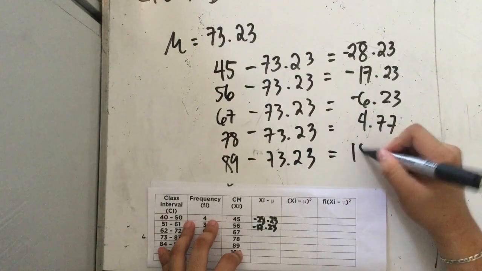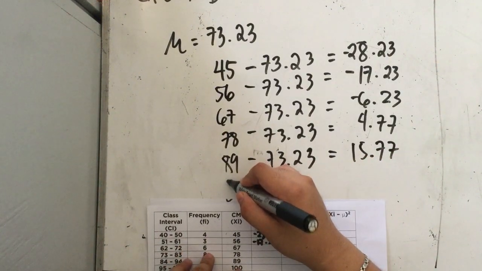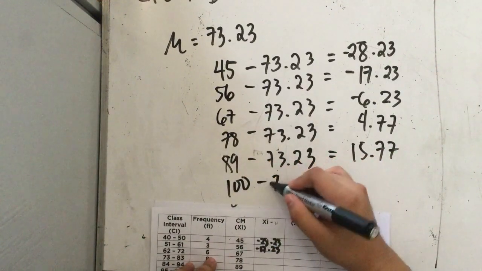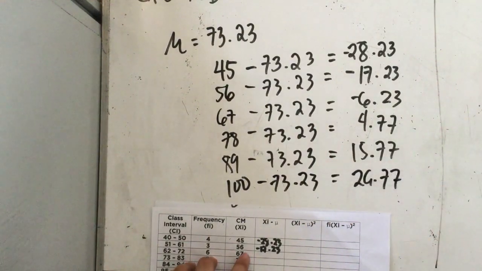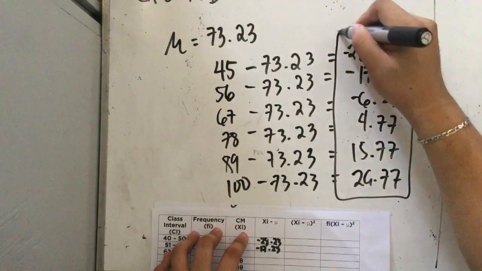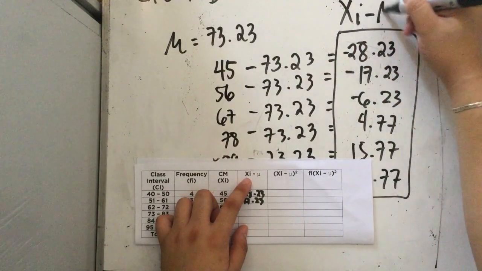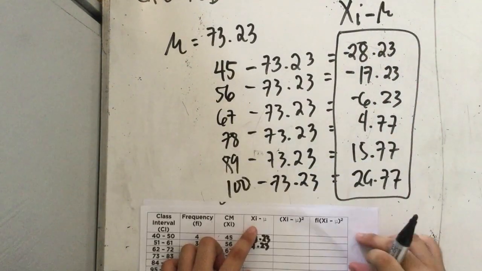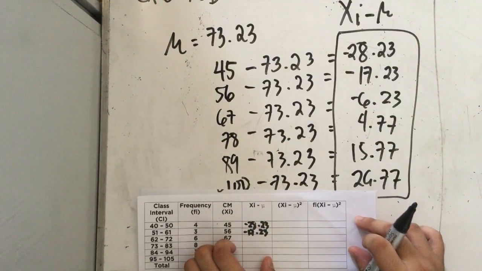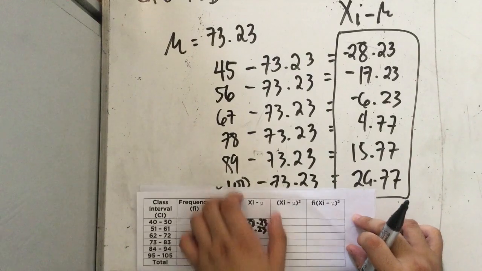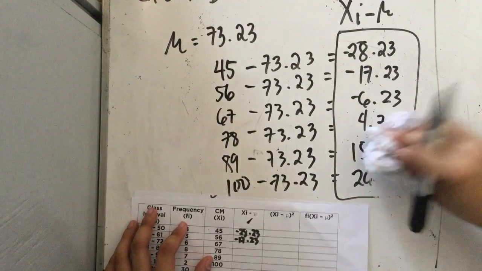We have 15.77. And last one, we have 100 minus 73.23, 26.77. So itong data na to, ito yung ilalagay natin dito sa ating x sub I minus our mean. Okay, so that is the first yung pang-apat na column natin doon sa ating table.